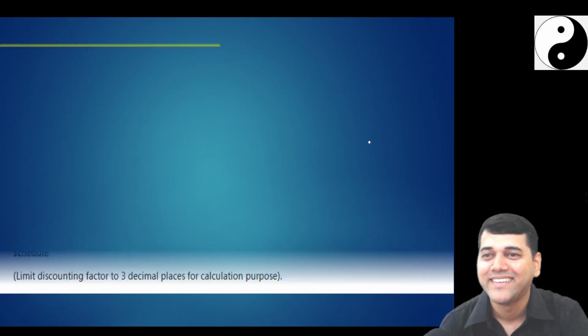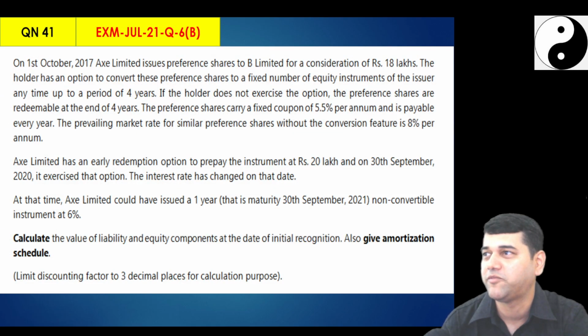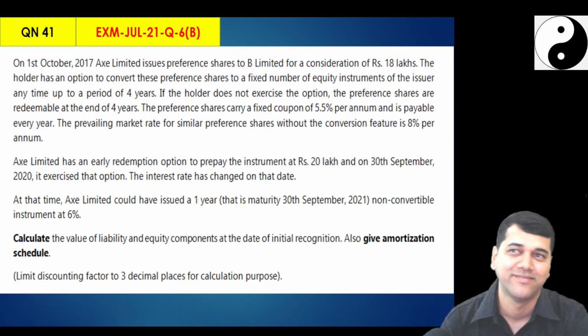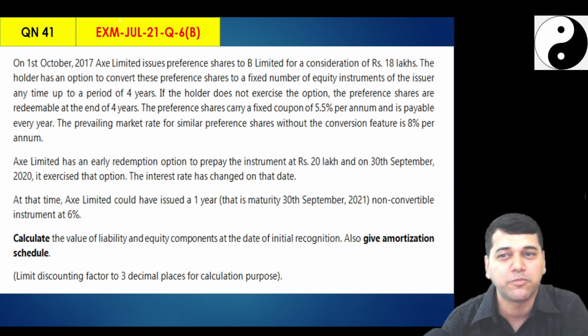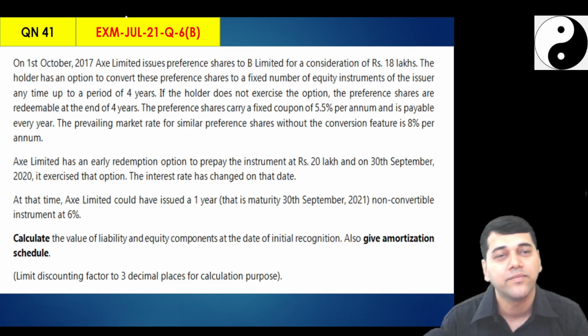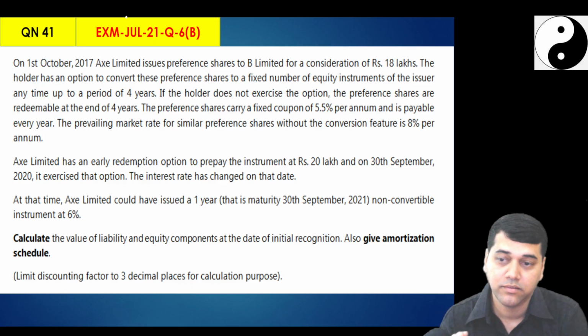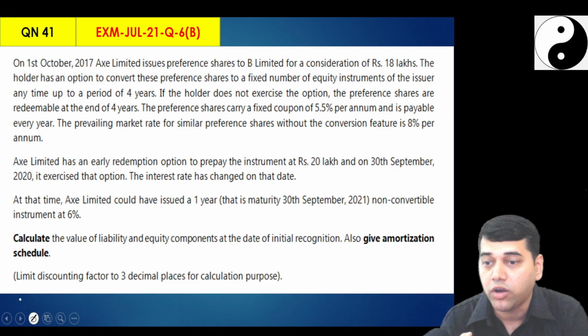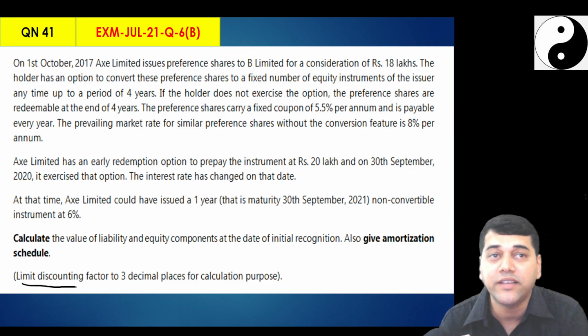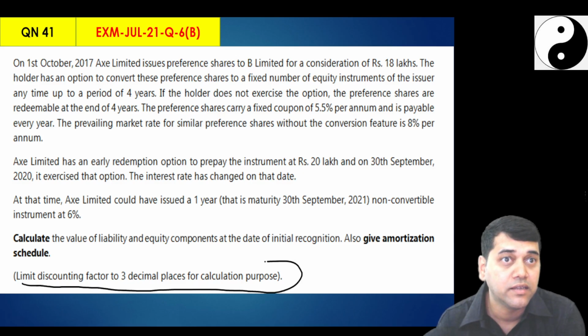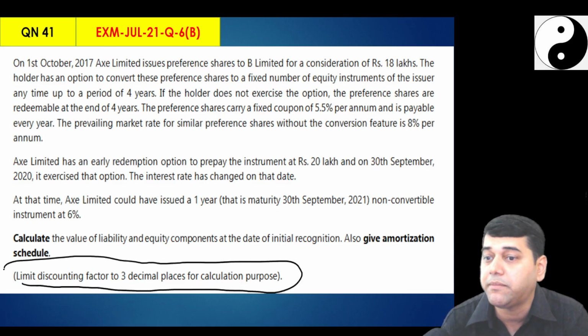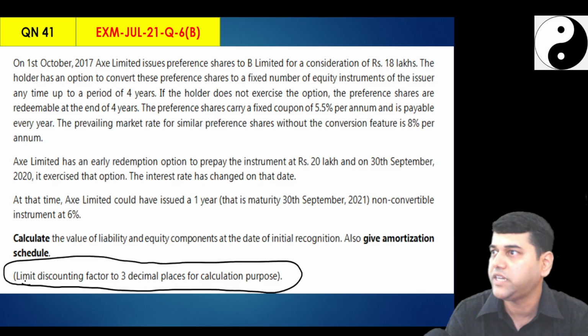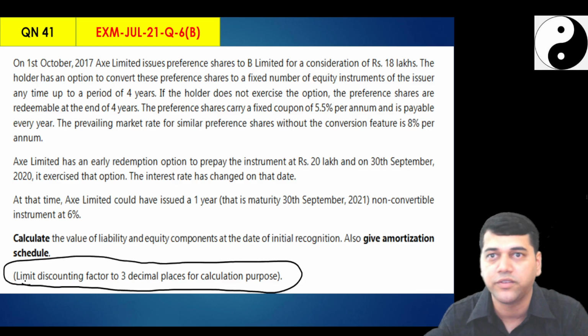Anyhow, since your now favorite question came, favorite time, fun time for you. Okay, students, so please pause the video. See, one thing here, wherever they want, they will tell you very specifically. None of the examination we came across this. So if they don't give you, take 3 digits, 4 decimals, 8 decimals, 6 decimals.